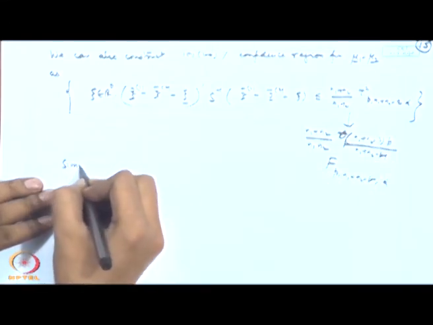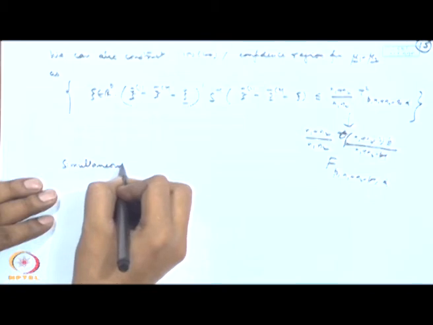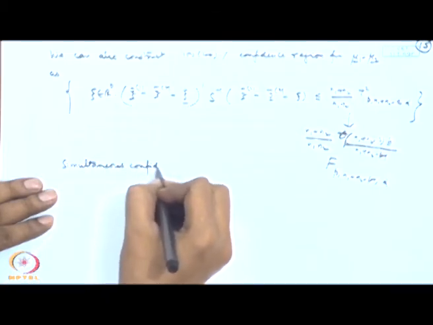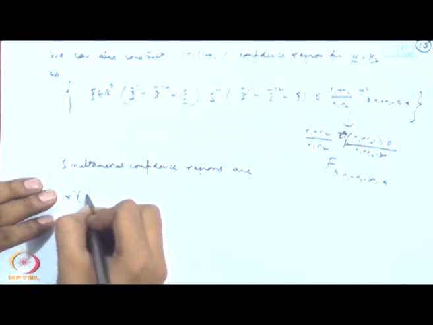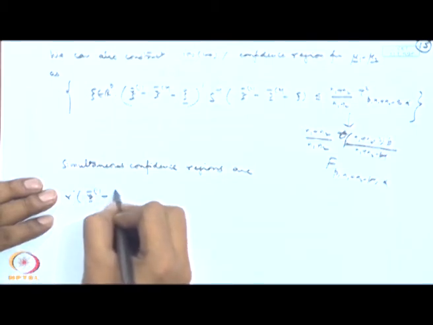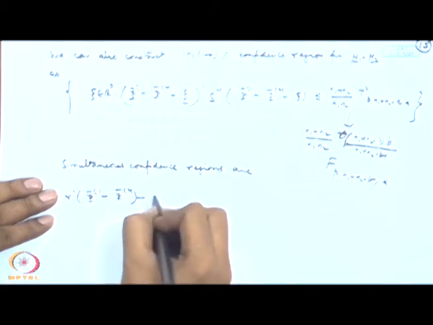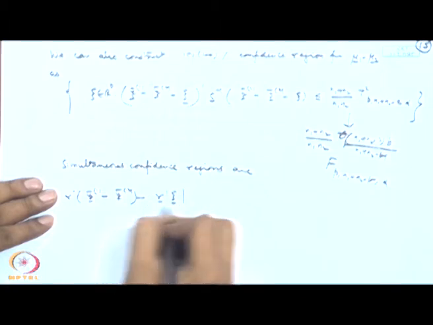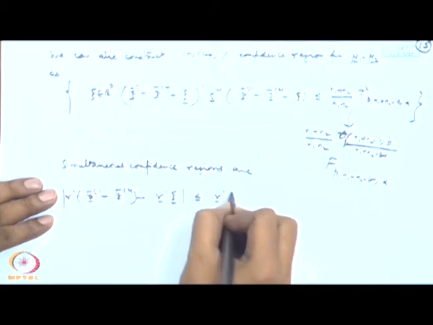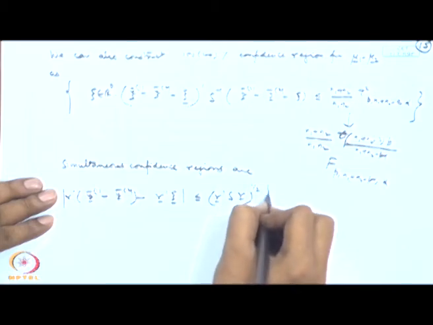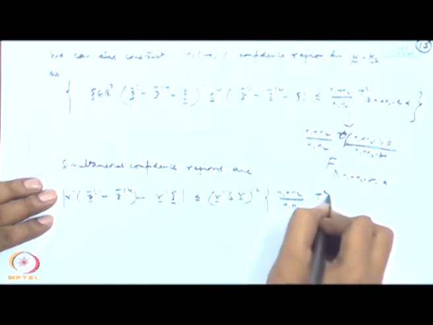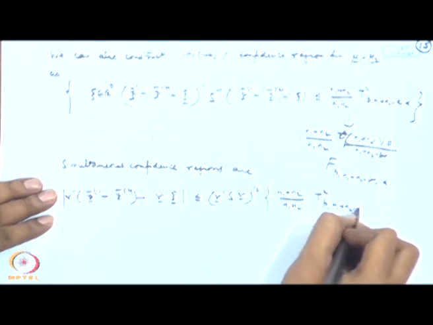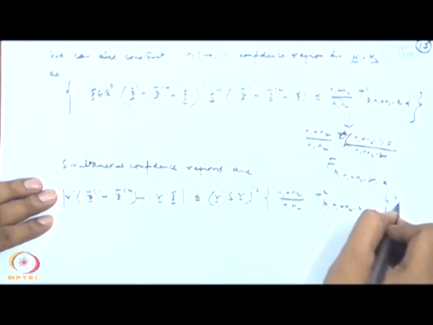Similarly, the simultaneous confidence intervals can be written as gamma prime (y 1 bar minus y 2 bar) minus gamma prime xi less than or equal to (gamma prime S gamma) to the power half times ((n 1 plus n 2) by (n 1 n 2) T square p, n 1 plus n 2 minus 2, alpha) to the power half.